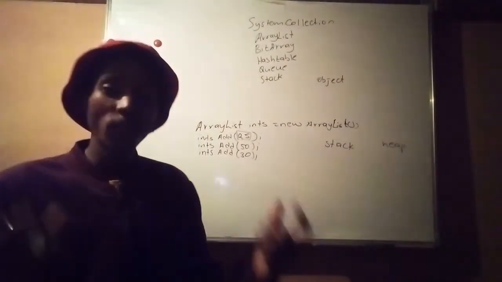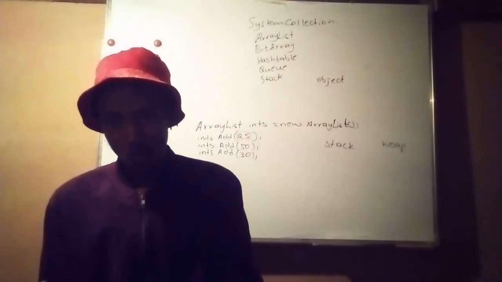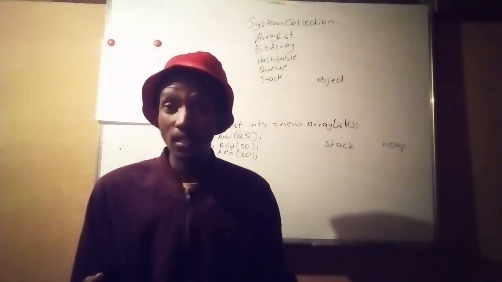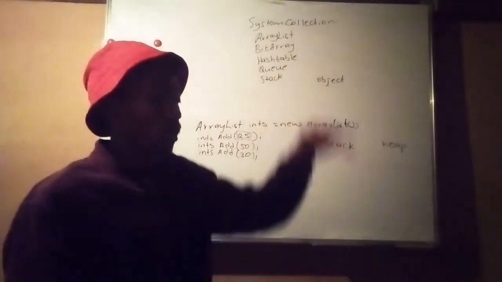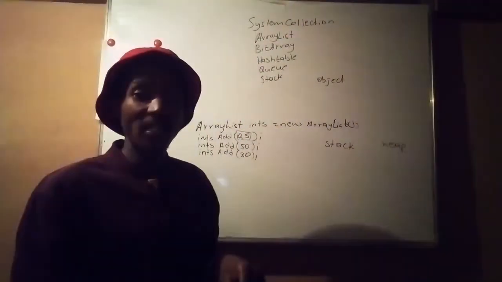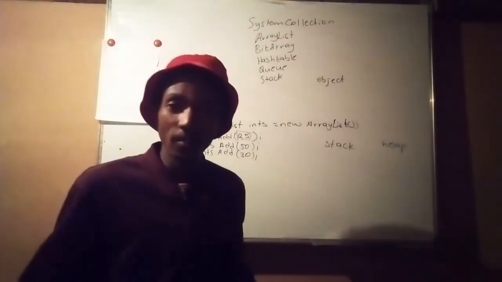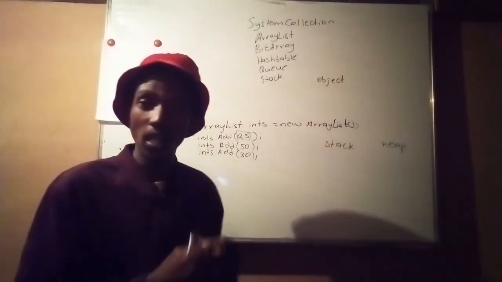So the rule of a queue is that whoever comes first in the queue is the one who gets served first. Now with a stack, on the other hand, the last one who comes is the one who gets served. That's how a stack works.